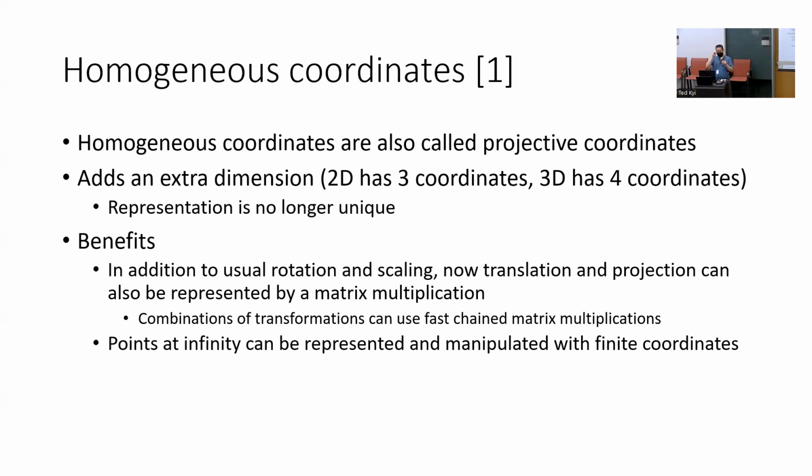The benefit of having everything that you typically want to do in a transformation represented by a matrix multiply is that you can now chain these transformations, and it's just a series of matrix multiplies. So when we're talking about fast calculations, if you want to do a rotation and a translation in just Euclidean coordinates, the translation needs to be done as a separate add process.